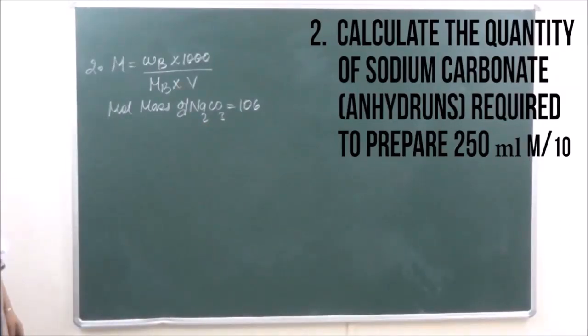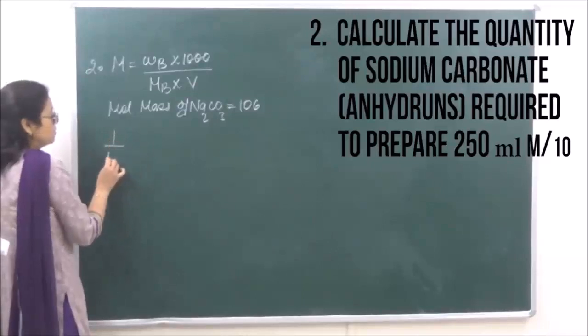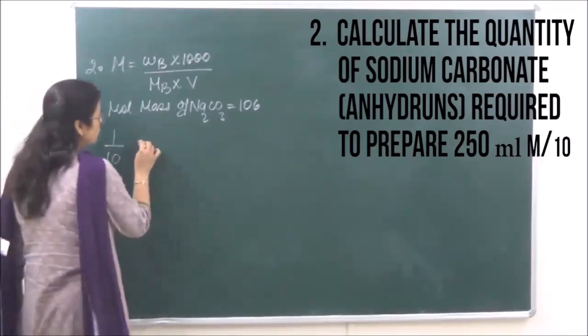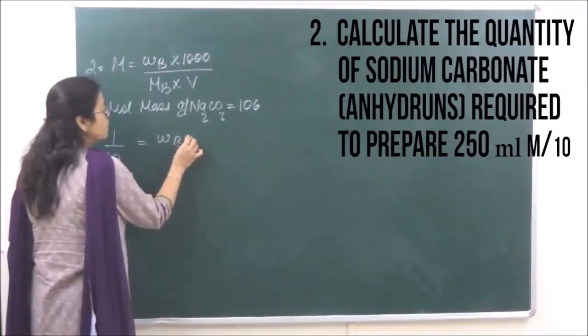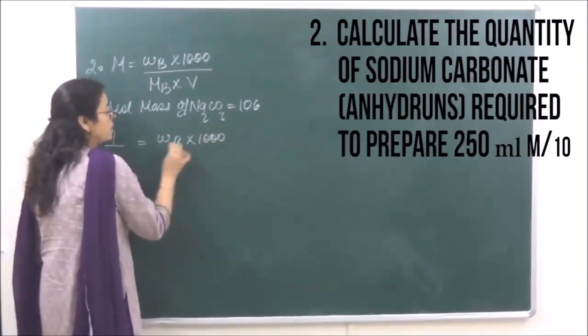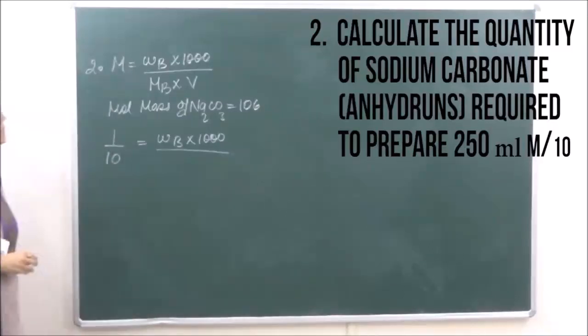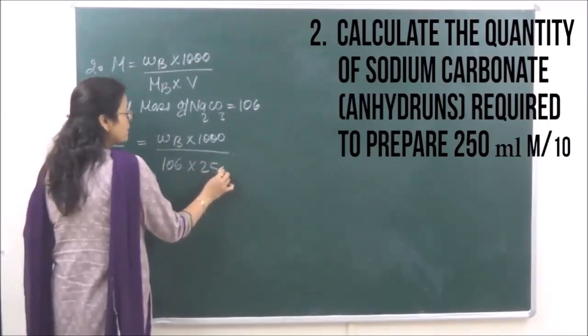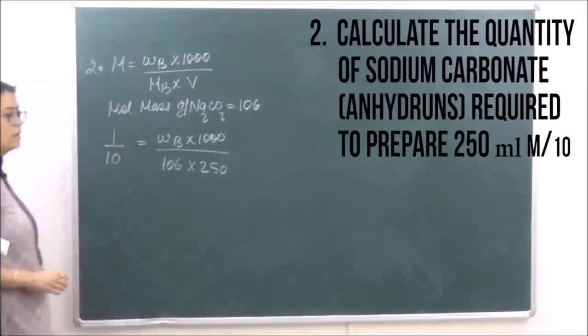Okay. Then what is the molarity given? It is a decimolar solution, 1 by 10. We put down the values. Molarity given is 1 by 10, that is equal to WB into 1000 upon molar mass, which we have calculated over here, that is 106, and the volume of the solution that is given as 250 ml.